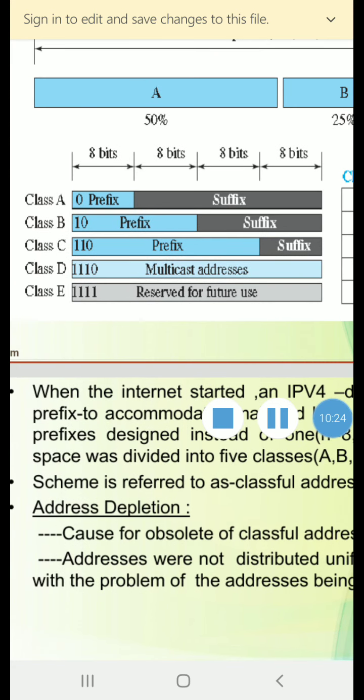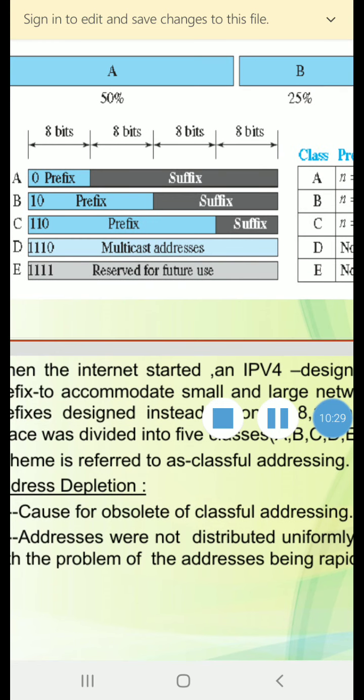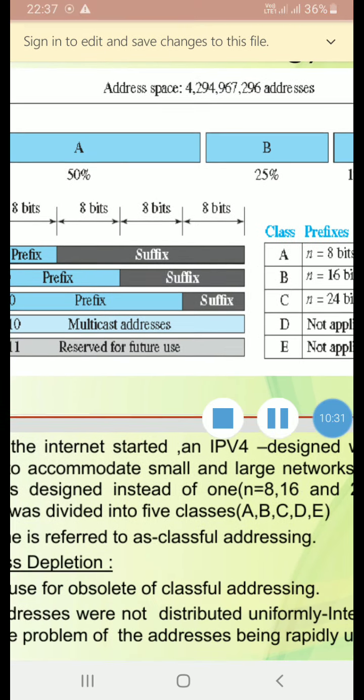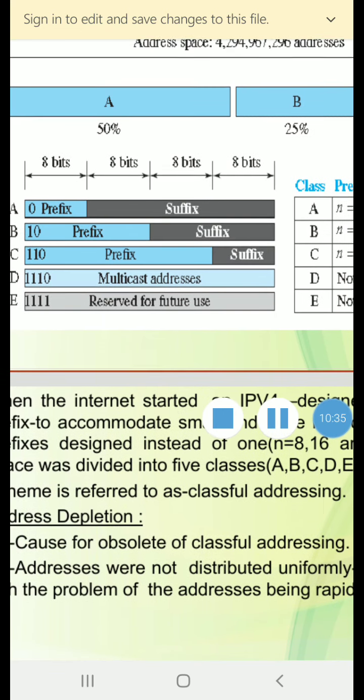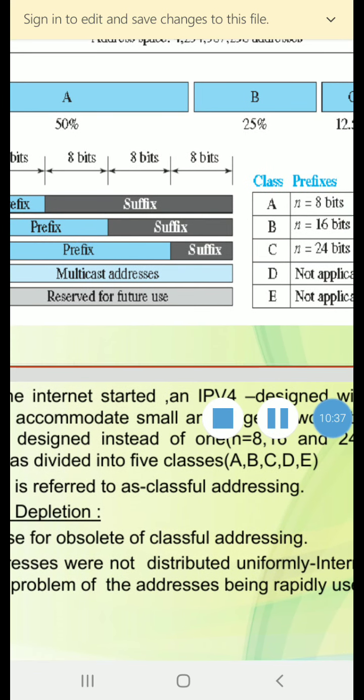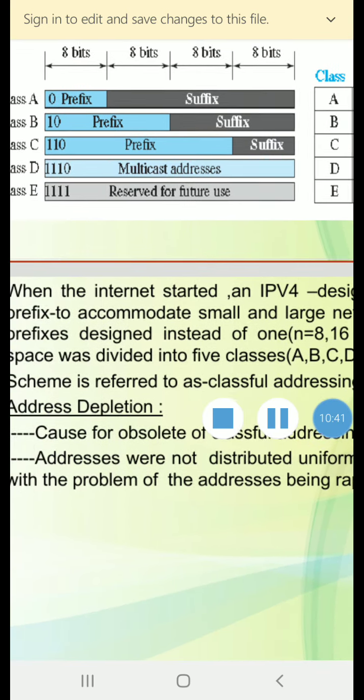Class D is not divided into prefix and suffix and is used for multicast addresses. All addresses that start with 111 in binary belong to class E. Class E is not divided into prefix and suffix and is used as a reserve.